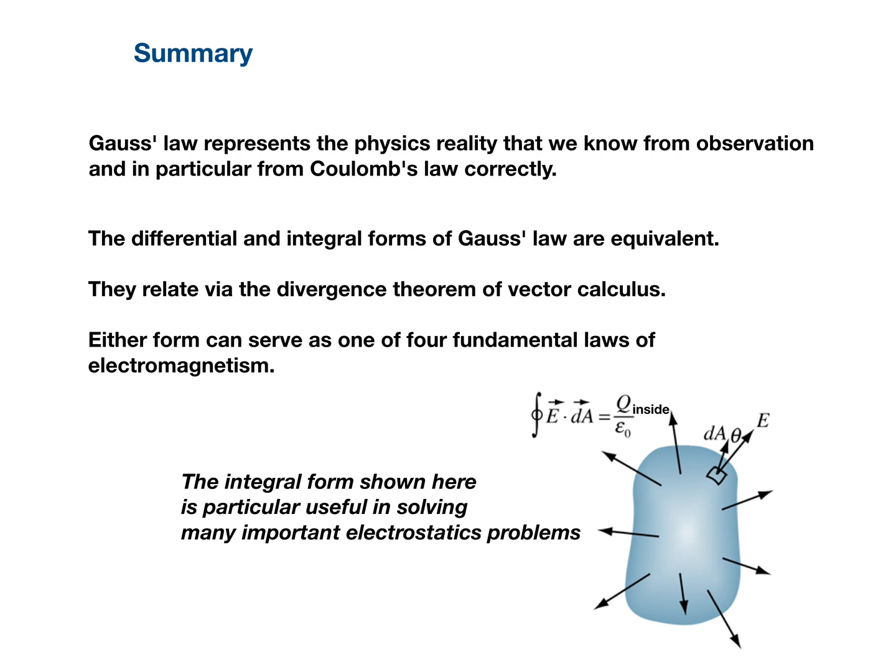This means that either form, the differential or the integral form of Gauss's law, can serve as one of the four fundamental laws, one of the four fundamental postulates of electromagnetism. The integral form shown here is particularly useful in solving many important electrostatics problems.